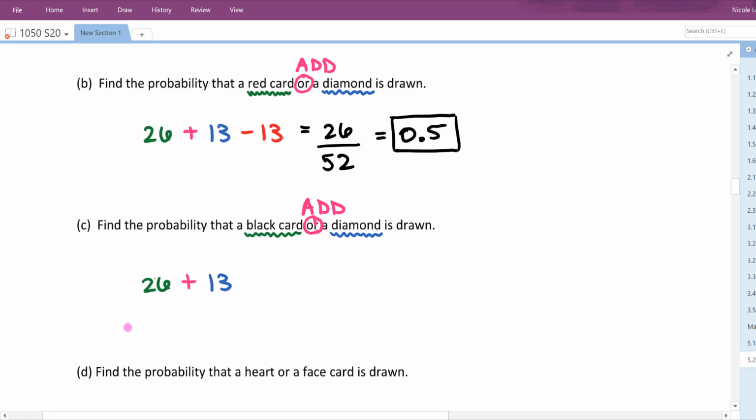If we add, we end up getting 39, which we again have to divide by our total of 52. Dividing those two in the calculator, we would end up getting exactly 0.75.